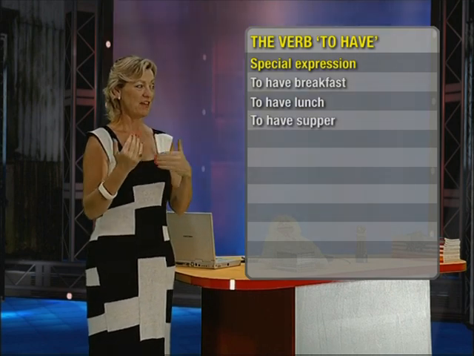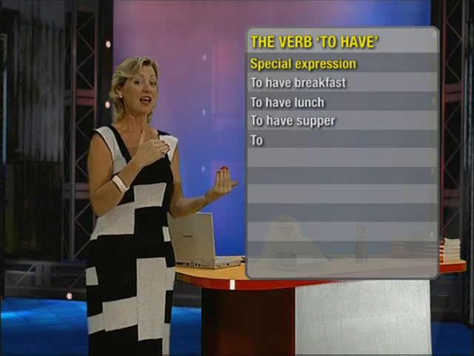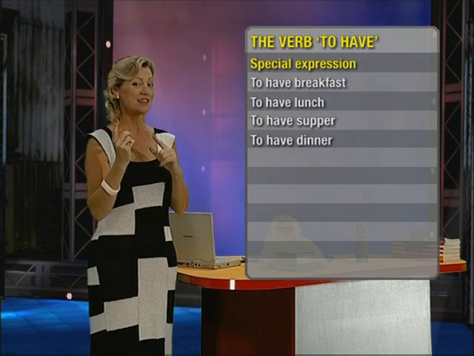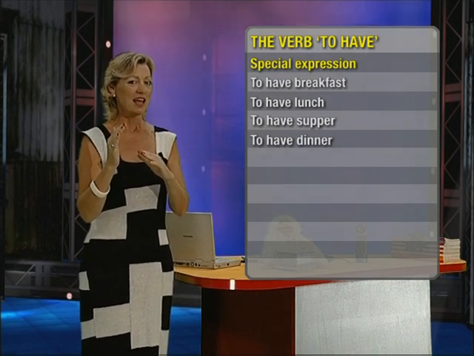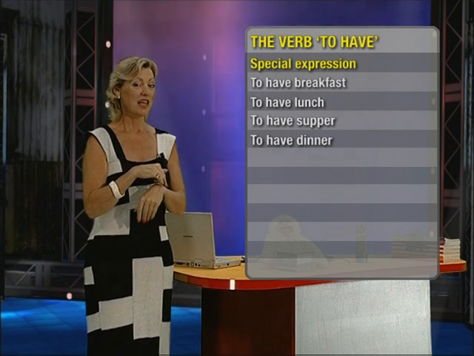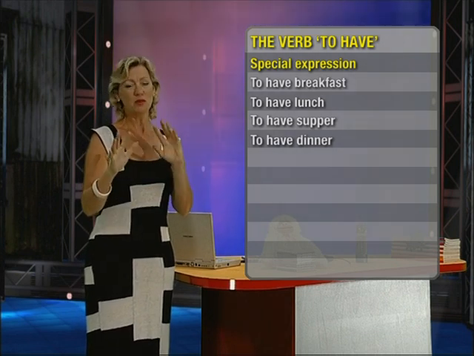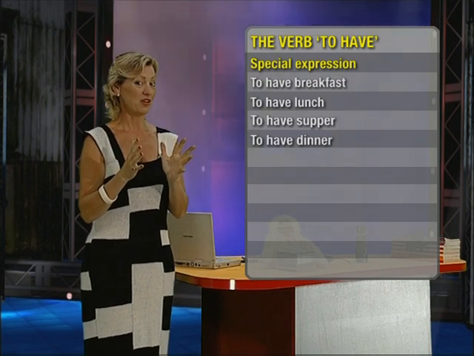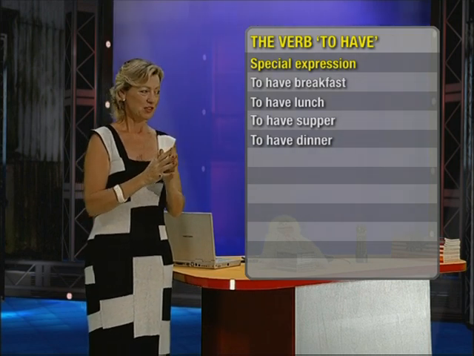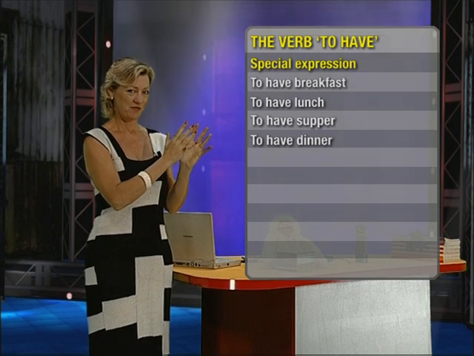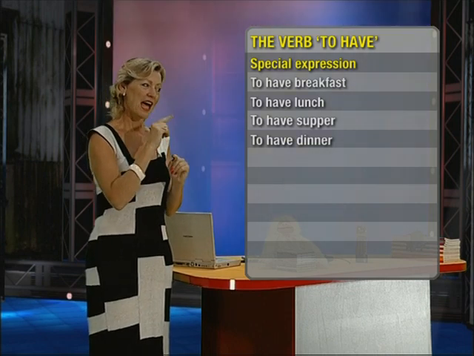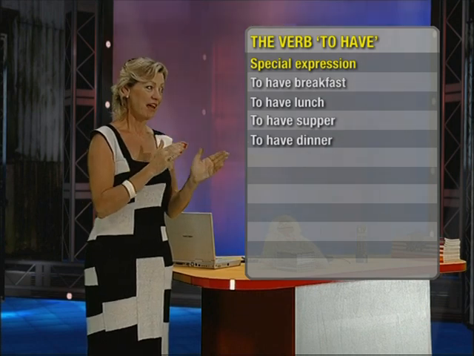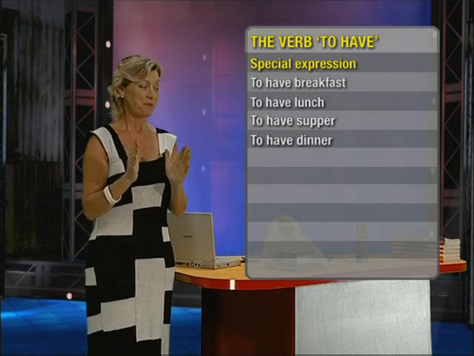So to have breakfast, to have lunch, to have dinner. Now dinner is what time? Dinner and supper, what's the difference? Dinner at 8 o'clock in the evening. Supper is something we have at about 10:30 or 11 o'clock at night. All right? So we use the verb have for these. We don't say to have a breakfast, but to have breakfast, have lunch, have dinner, have supper.